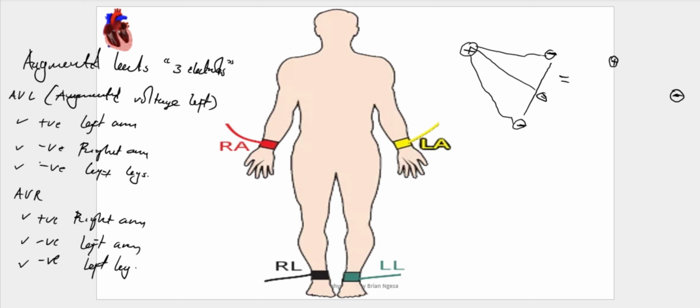So let's have a summary. Let's draw our heart over here and see what we will anticipate. Let's return to what we had: lead 1, and lead 2 as we suggested, and if you put a negative here and of course another positive, we'll have lead 3. This is what we had with the bipolar leads.